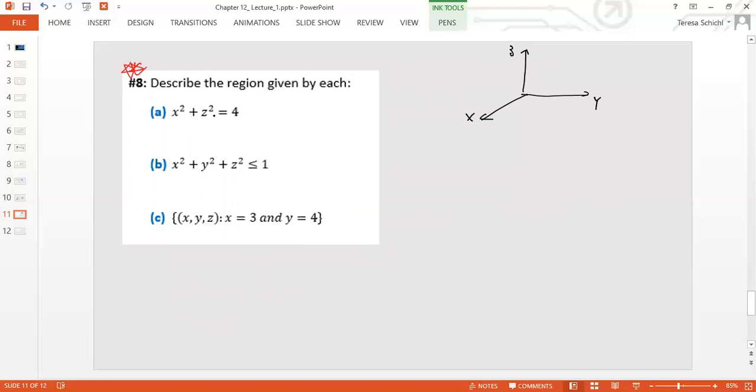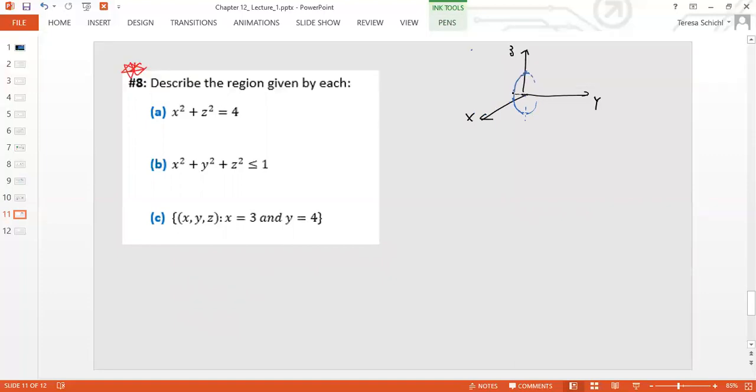If you only have the x-axis and z-axis, what do you have here? That's obviously a circle, right? A circle with radius 2. If you only look at the xz axes here, then you will see the circle. That's the hard part.